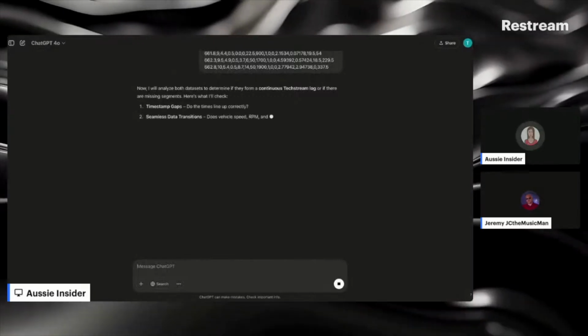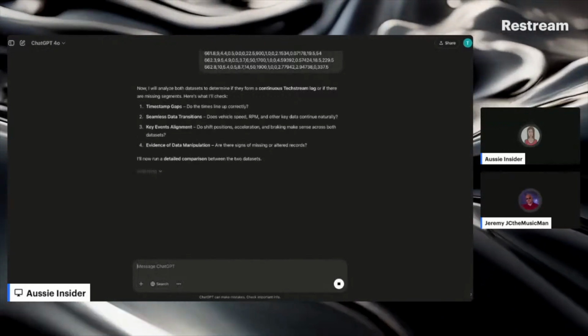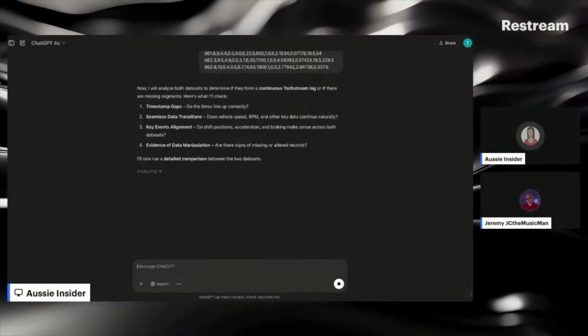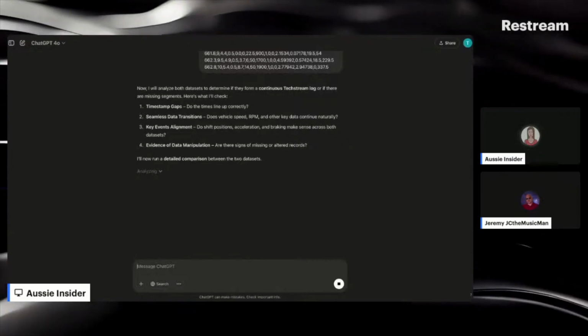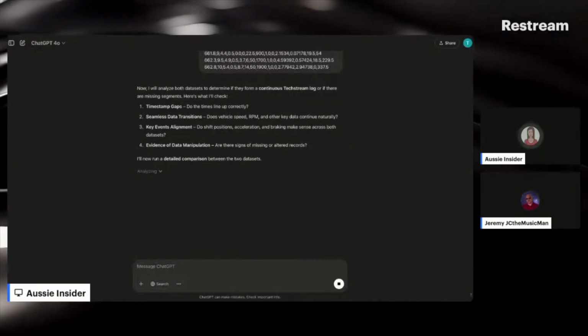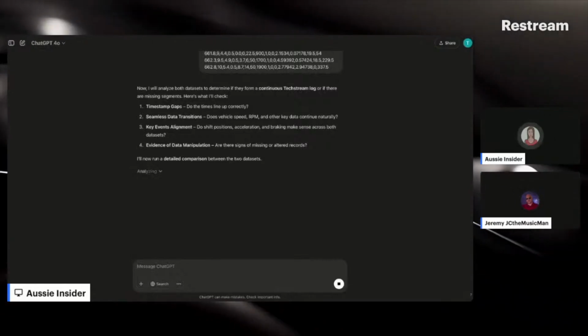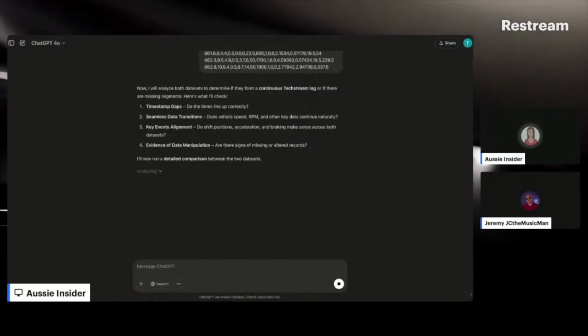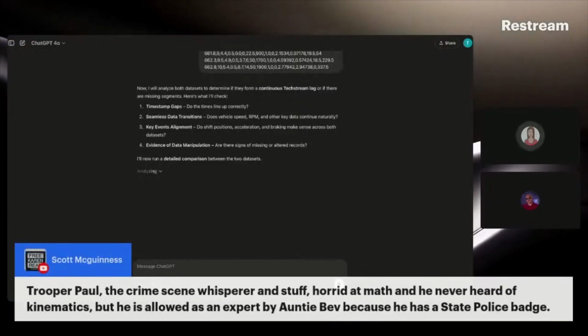I'm going to analyze them, see if they form a continuous Techstream log or if there are missing segments. I'm going to look at timestamp gaps, seamless data transitions, key event alignments, and evidence of data manipulation. So it's doing its analyzing thing.